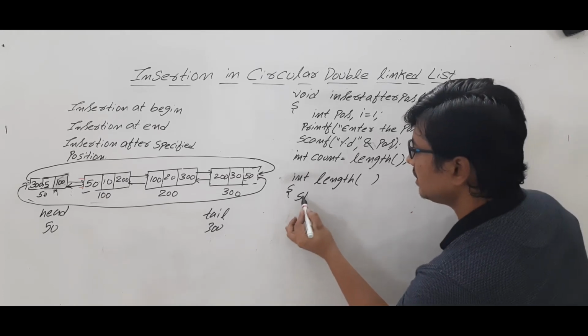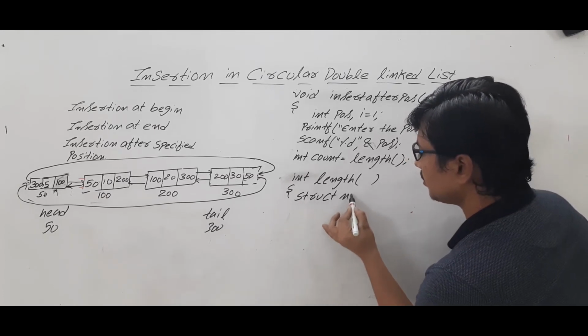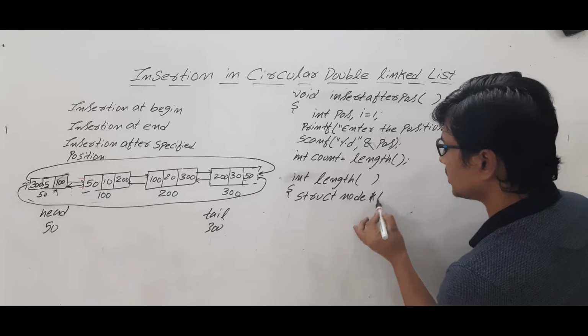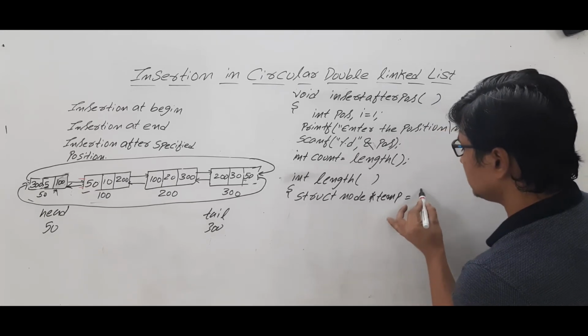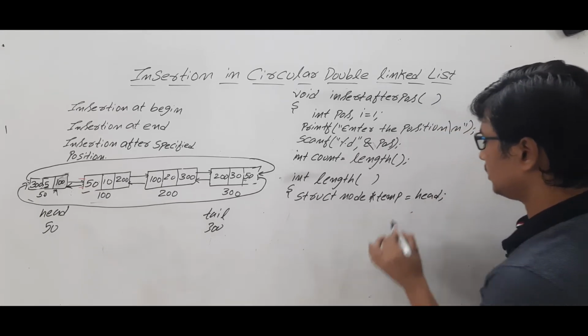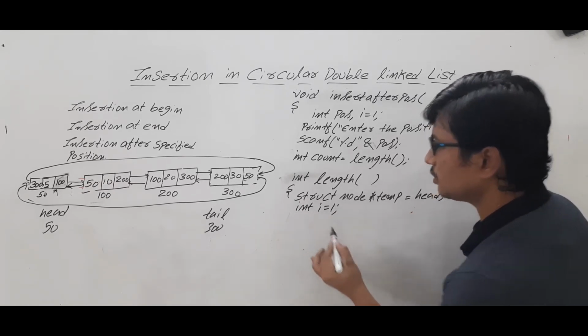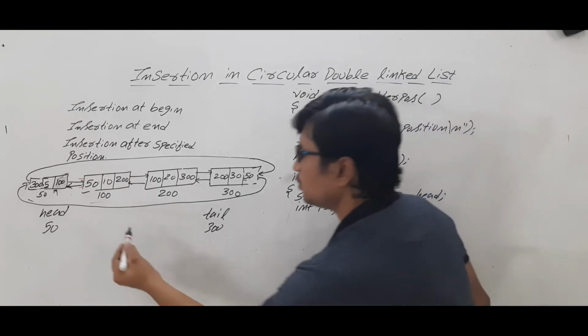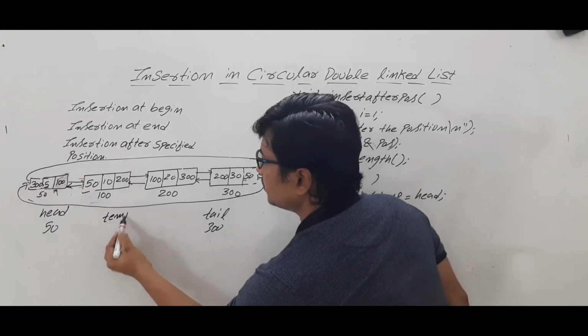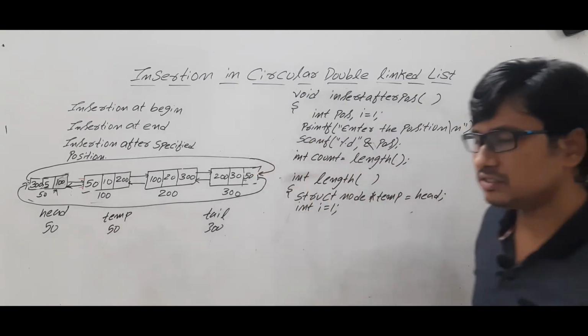Then we will declare a pointer called temp of struct node, and we will assign the head value. Then we will take another integer variable i equal to 1. Are you able to understand? So we are taking temp and assigning the head value, which is 50.